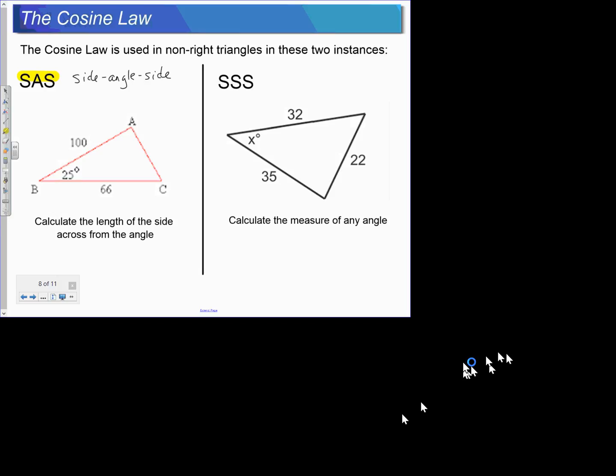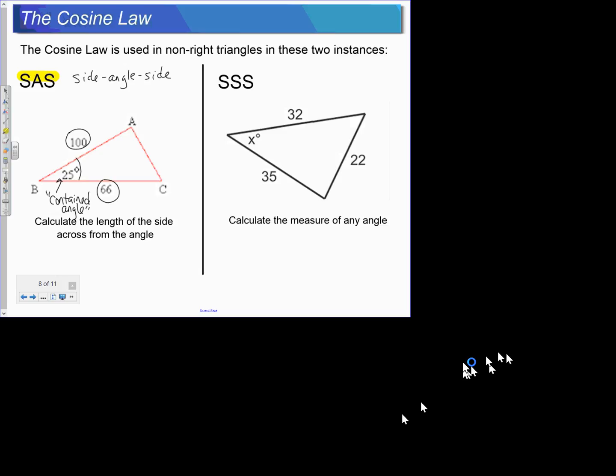More or less what that means is that you will be given a side, a contained angle, followed by a side.